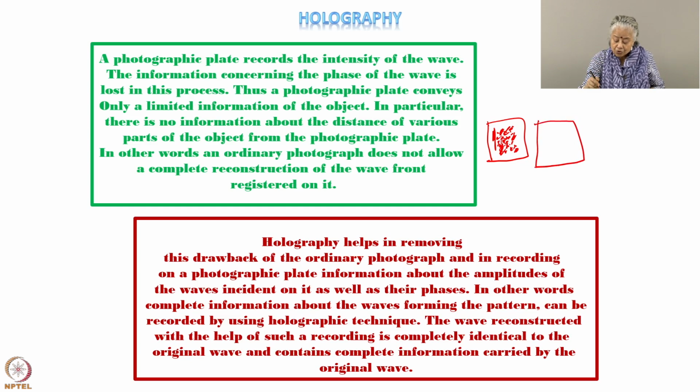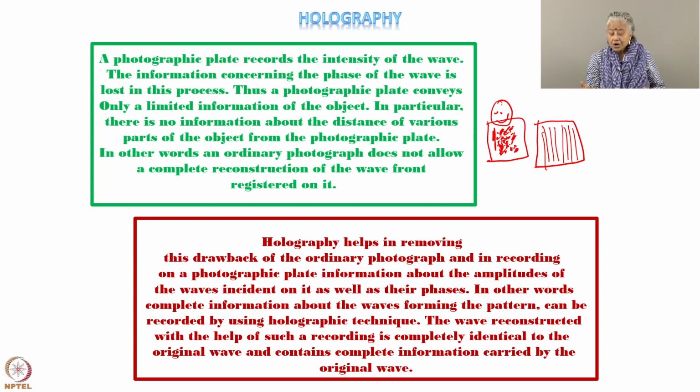If you look at a photographic plate, you will see some picture, maybe a smiley face. But the same smiley face, if you see on a hologram, it is just going to look like an interference pattern. It is not going to look like that smiley face, but you have to do something more to it in order to reconstruct that smiley face.